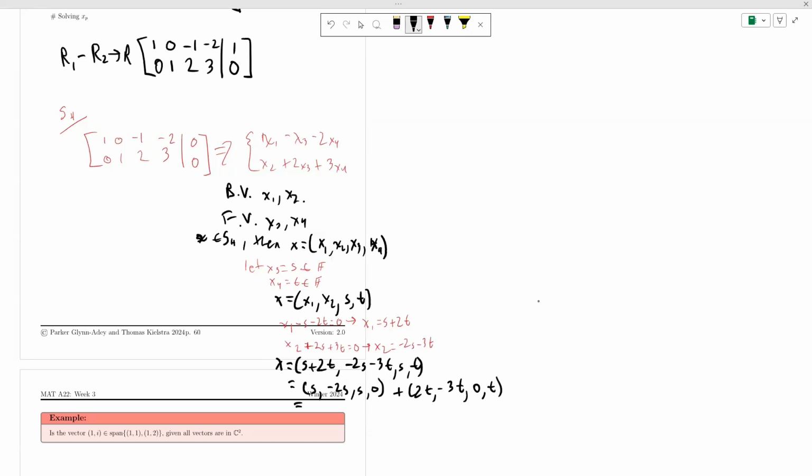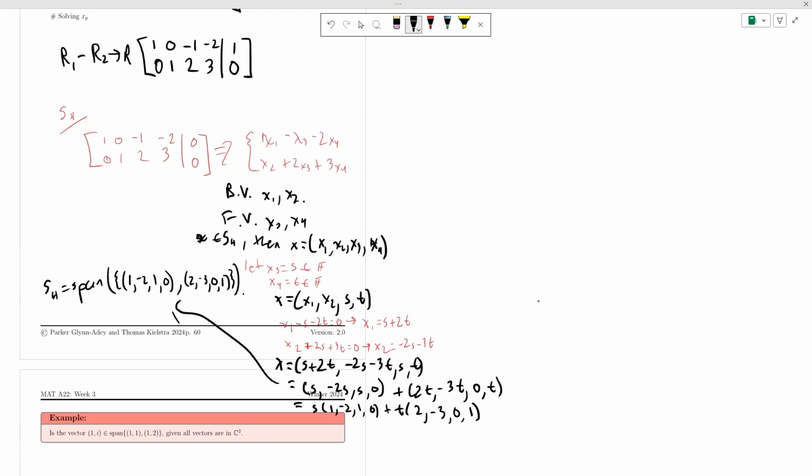And now I'm going to factor out, giving me s times 1, minus 2, 1, 0, plus t times 2, minus 3, 0, 1. So this gives me that SH equals the span of the set containing 1, minus 2, 1, 0 and 2, minus 3, 0, 1.